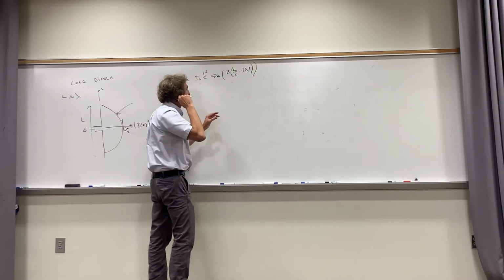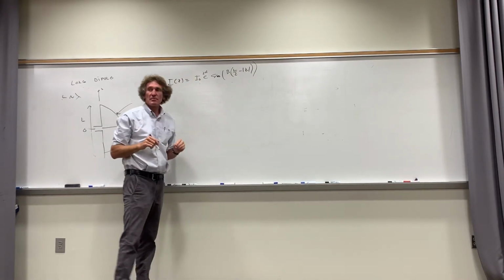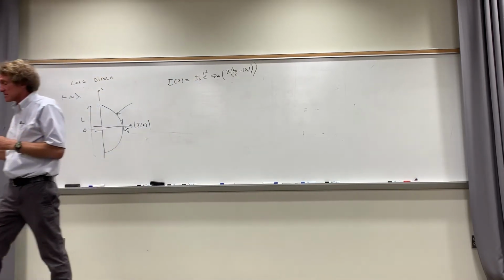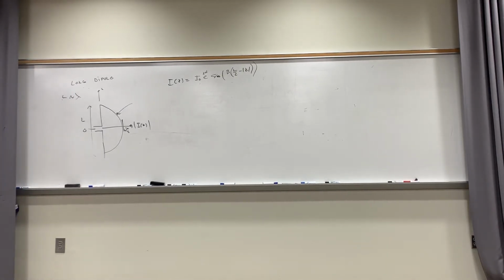In his book, he will not put magnitude of z; he will say for z greater than 0, it's just beta times L over 2 minus z. For z less than 0, he will have beta times L over 2 plus z. He'll break it into 2 parts. I just put magnitude, forget it. All right? Here's where it gets interesting.